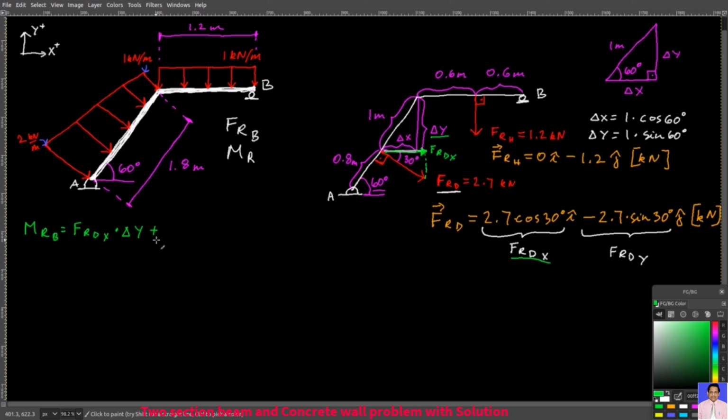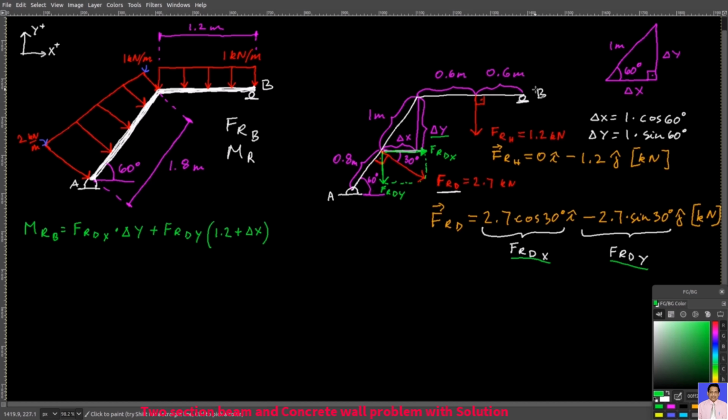Then to that you add FRDY, which is this component here. We can also draw it here. And now we multiply that by its moment arm till point B, which is delta x plus 1.2 meters. So it will be this one here, right?